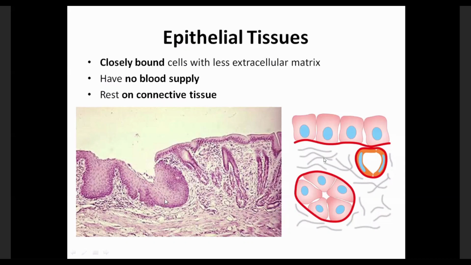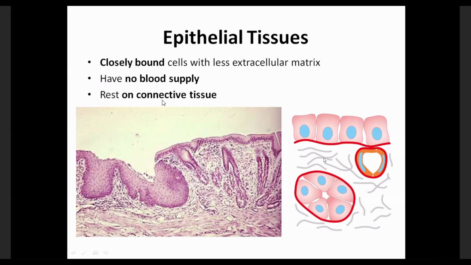Another feature of epithelial tissue is that it doesn't have blood supply. There is no blood supply. So for the purpose of getting their metabolic needs, they depend on diffusion coming from another tissue, which happens to be connective tissue. So epithelial tissue comes in close association with connective tissue for at least 2 reasons.